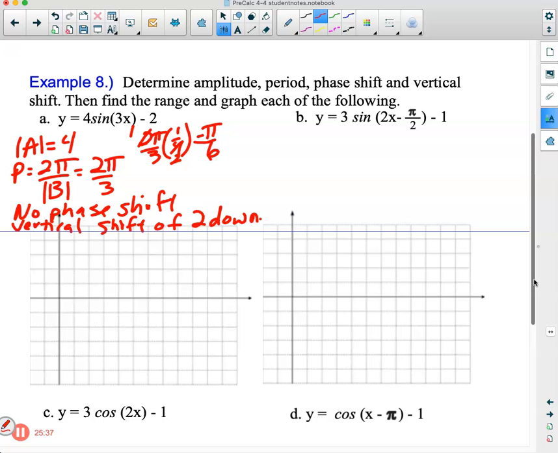So grab that other color right now so we don't forget this. And we're going to make what will be our new x-axis down here at y equals -2.